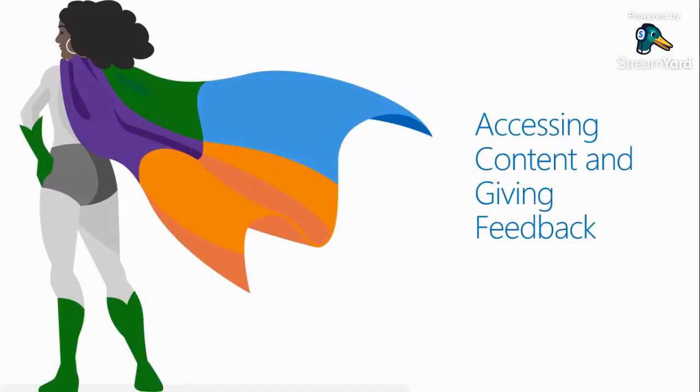Accessing content and giving feedback. As we look through new eyes at our classrooms, we have some incredible tools to offer our students. You can share this with your students once we are back this coming September, if you're in the Philippines, September 13 if I'm not mistaken, or September 1st for other parts of the world.